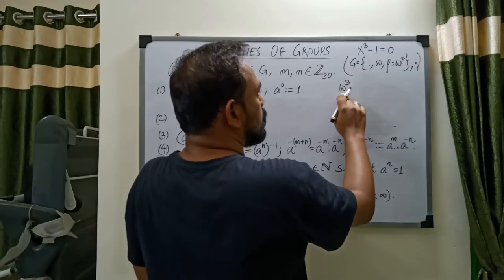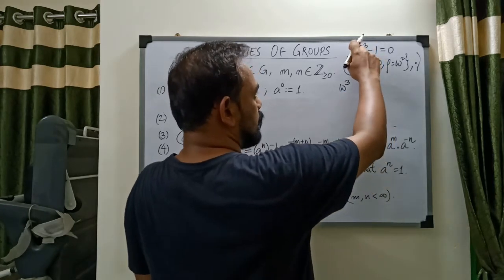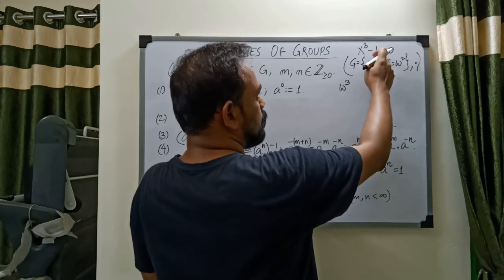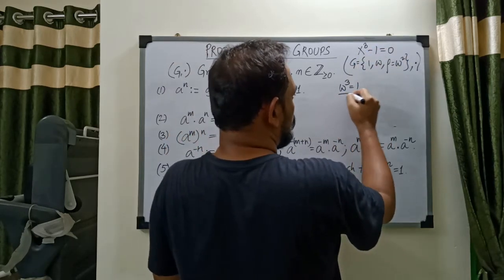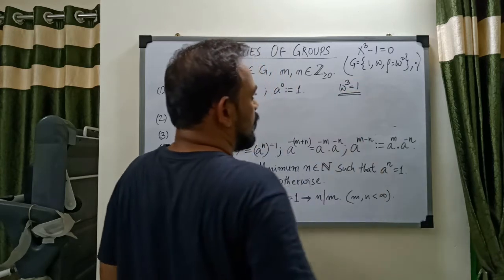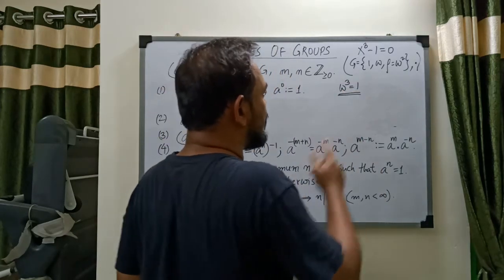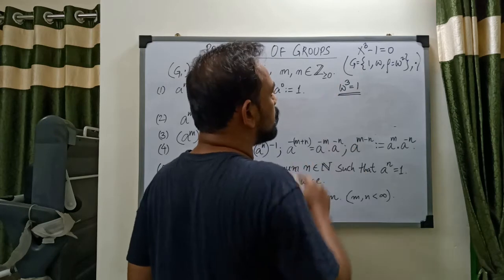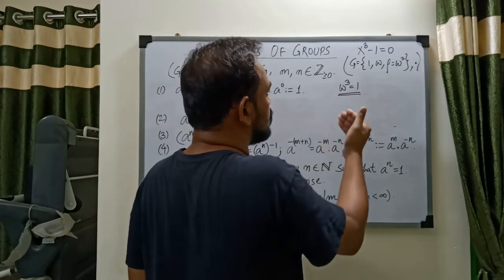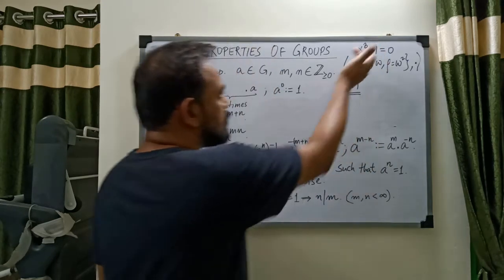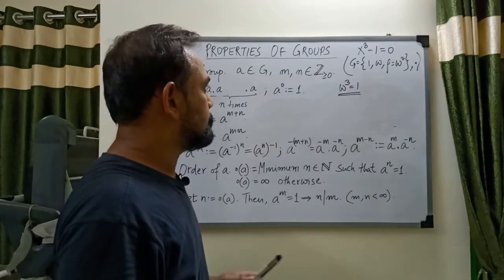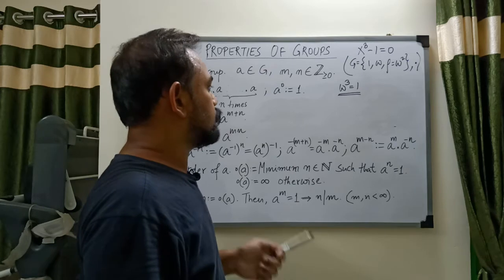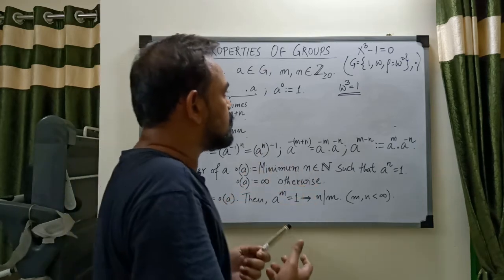But really, because omega was a root of this equation, omega cube would be 1, because omega cube minus 1 is 0. And so we have an example here where an element raised to some power, raised to an index, is actually the identity element, because 1 is the identity element here.